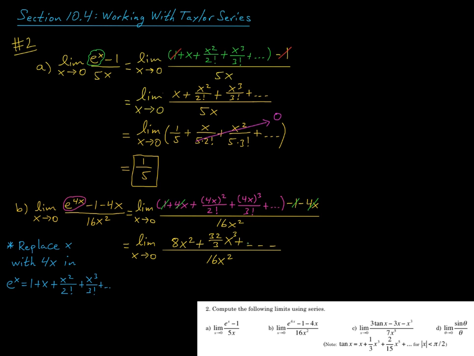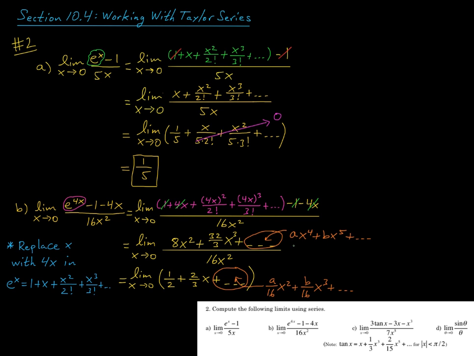And then we're going to have a bunch of higher order terms, and then that's all divided by 16x squared. So if we divide each term in the numerator by 16x squared, that's going to give us a half plus 2/3 x plus higher order terms. Up here we would have a quartic term and then a quintic term, and so on.